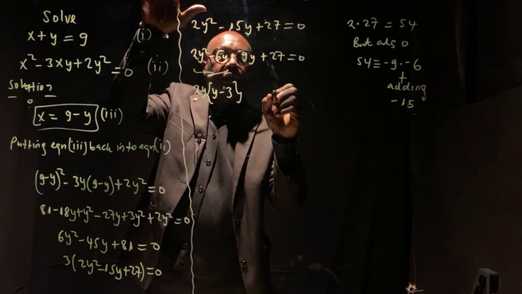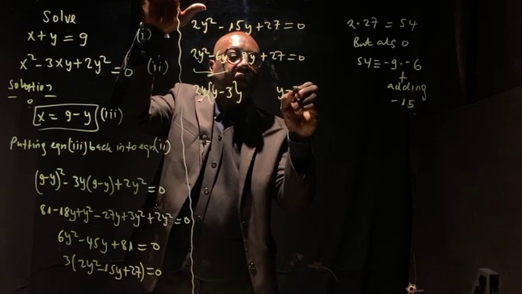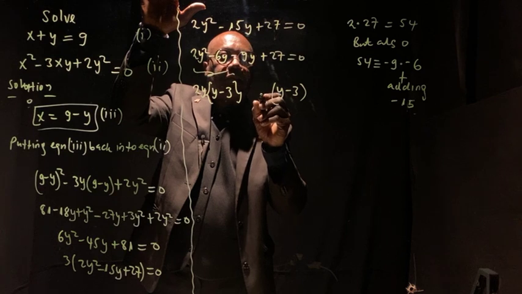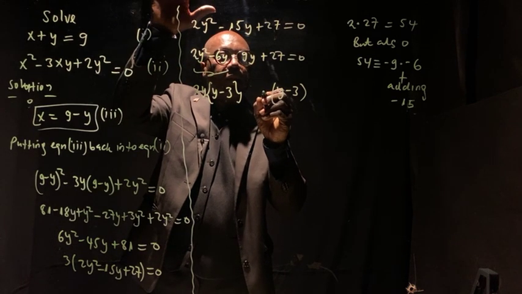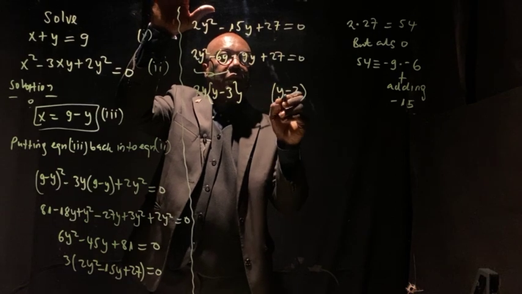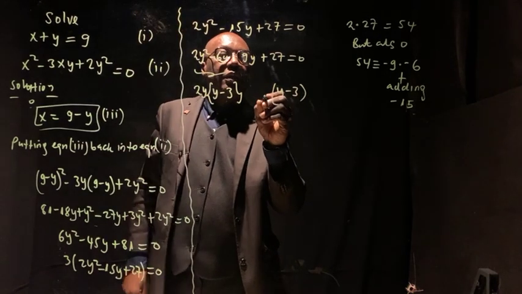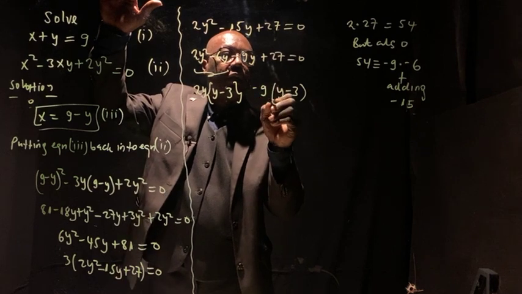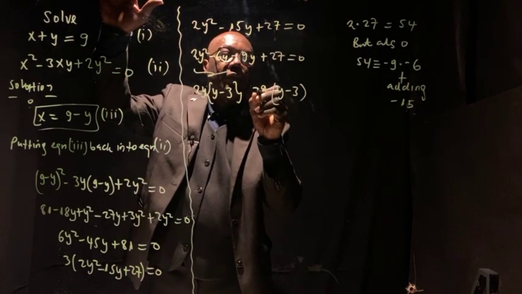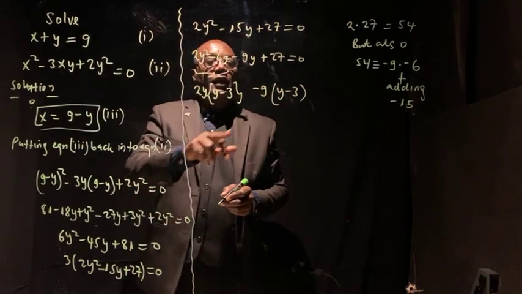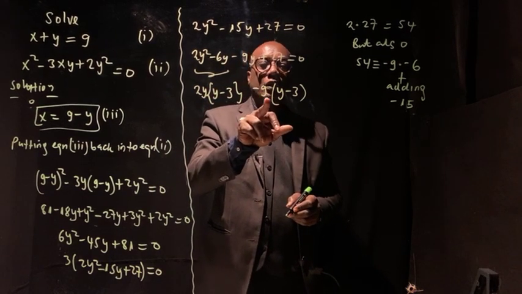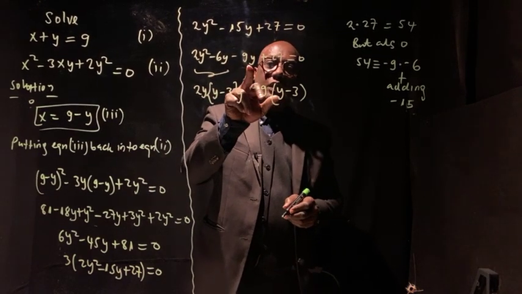Then the same y minus 3, we'll write it here. And then minus 9 is the appropriate factor that we can put in front of here, because if we multiply the minus 9 to y, we'll have that one.